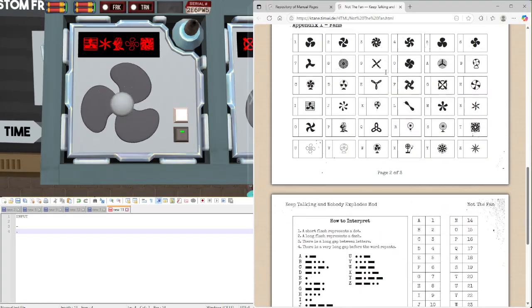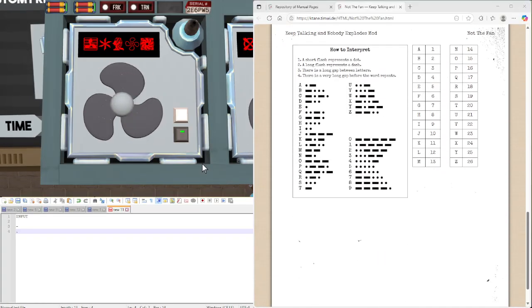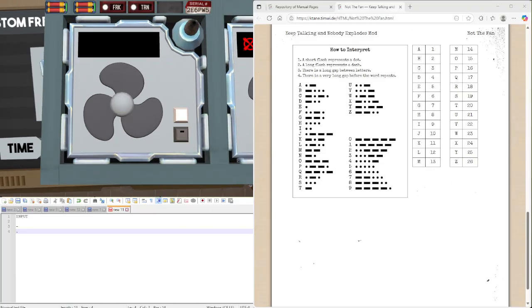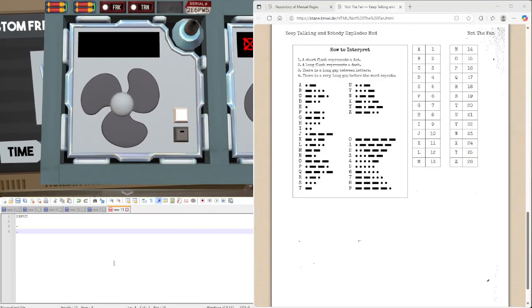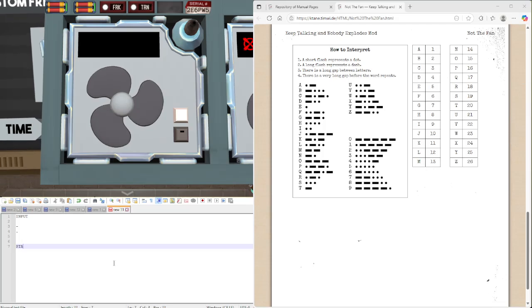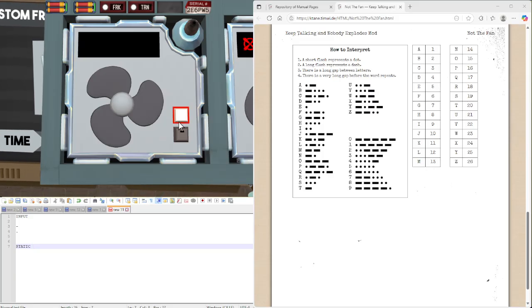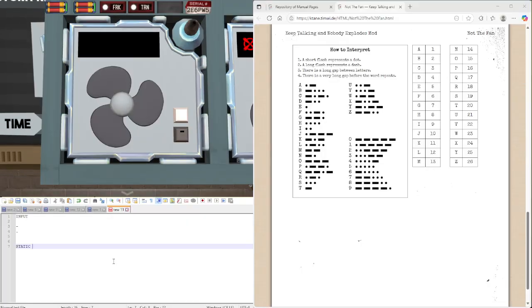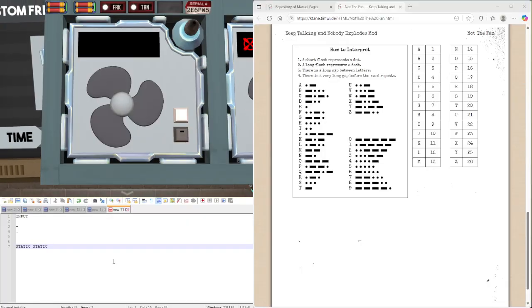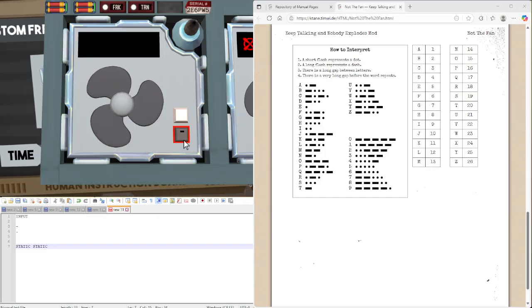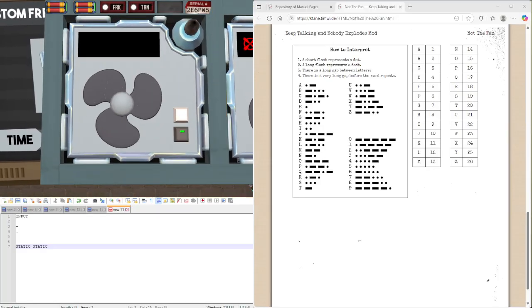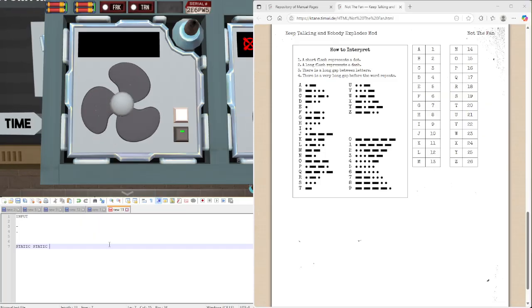So inputting each letter, so we have I, and that turned the fan off. That'll be static. N, still static. P is spinning clockwise.